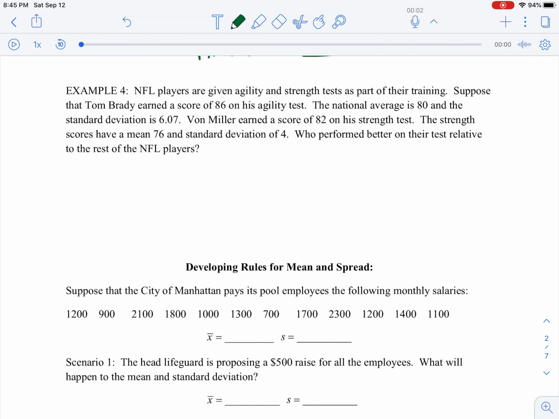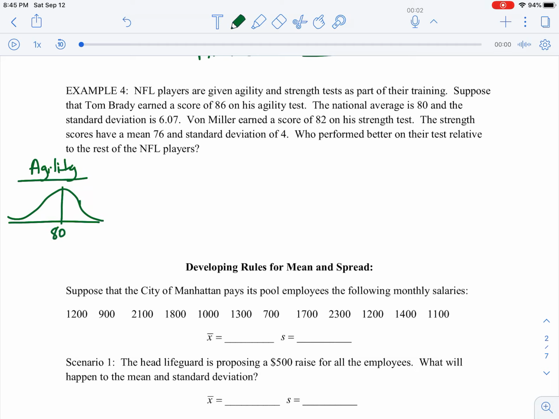Now, one strategy here, once we get used to doing curves, is we could just draw out a curve. So Tom Brady, this is the agility curve. I'm sitting down on the couch and I actually don't write very well. Anyway, here is my agility curve. The national average is 80 and the standard deviation is 6.07.